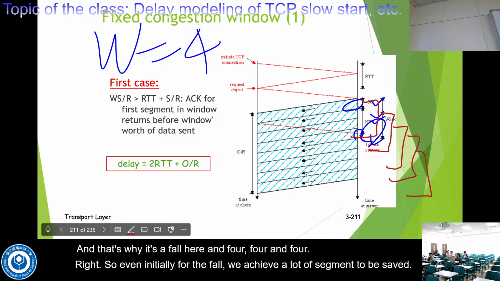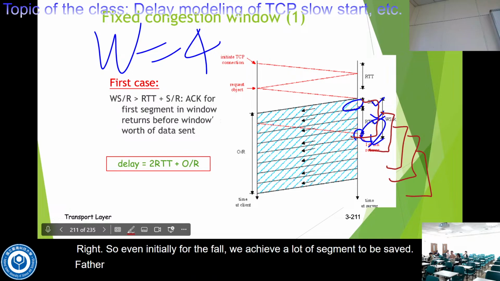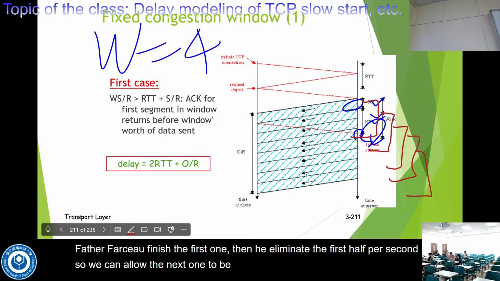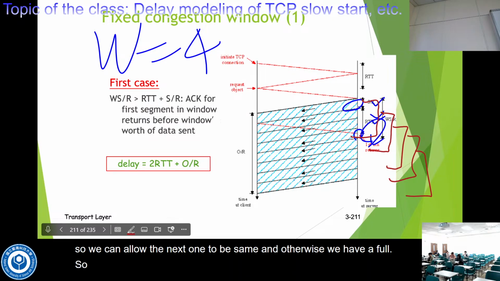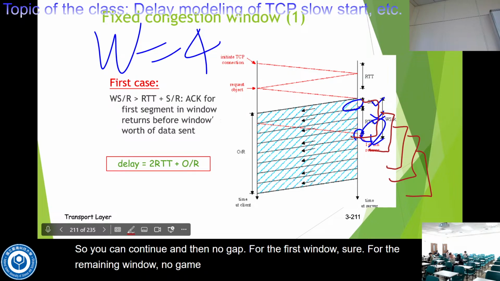For the first 4, when the first one finishes, we eliminate the first segment, so we can allow the next one to be sent. And always we have a 4 there. So you can continue, and then no gap for the first window, and for the remaining windows, no gap. And so no idle time.